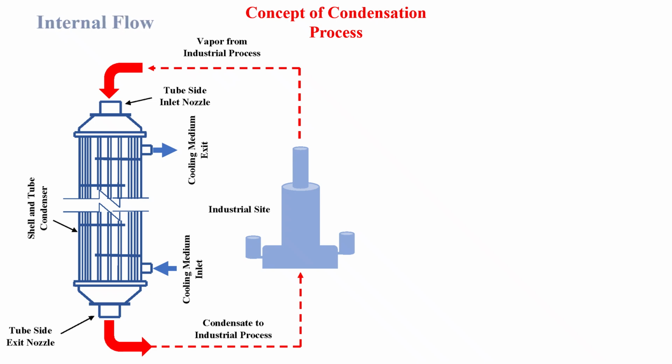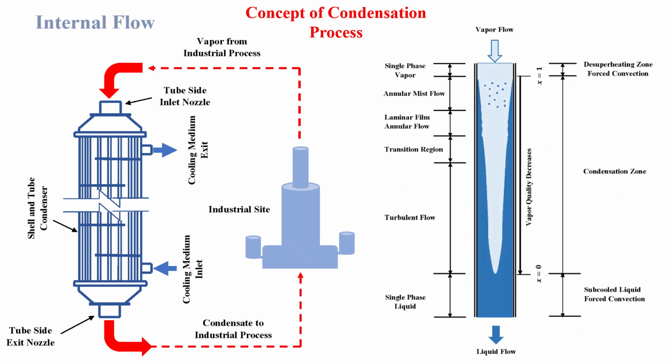Let us consider that the flow passes through the tubes, and on the external side, we have cooling water on the shell side as shown in this figure. And the condensation process occurs as the vapor enters from the top of this tube. We may make this process clear by referring to this figure.